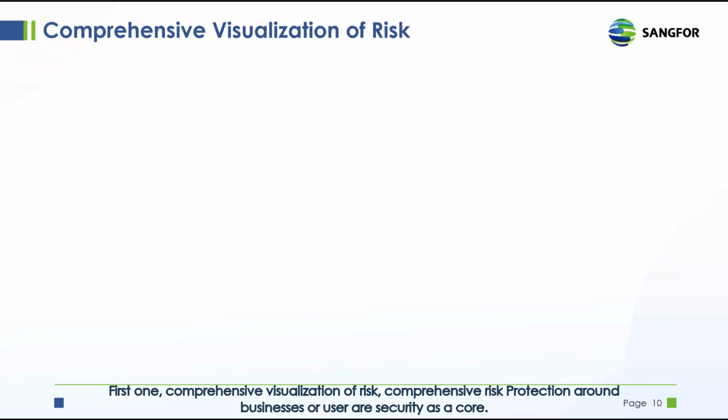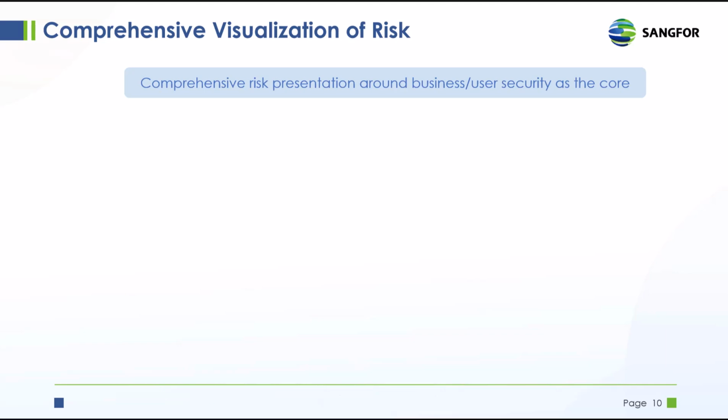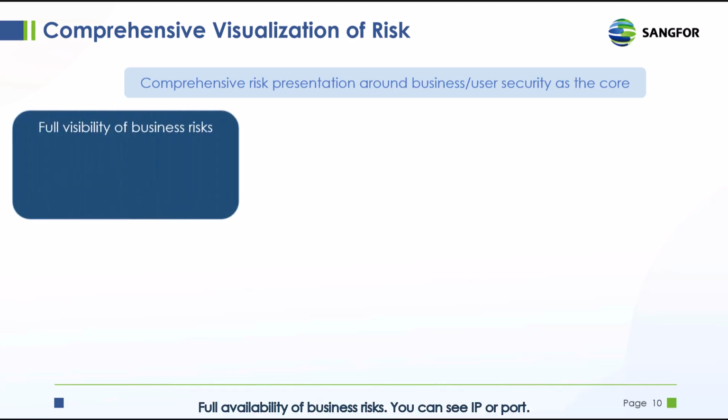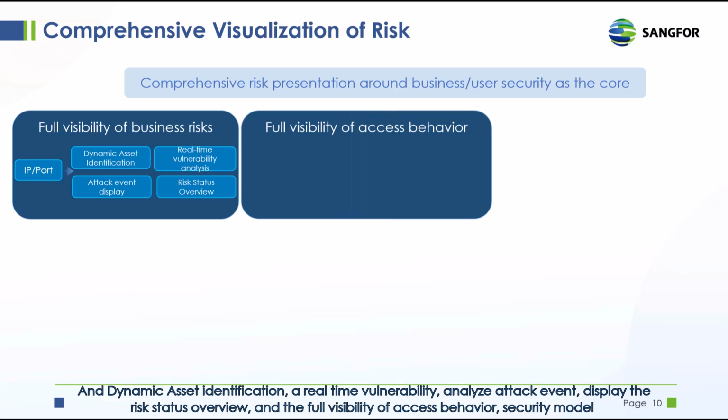First one, comprehensive visualization of risk. Comprehensive risk protection around businesses or users, with security as the core. Full availability of business risks. You can see IP or port, and dynamic asset identification, real-time vulnerability, attack event analysis, the risk status overview, and full visibility of access behavior.